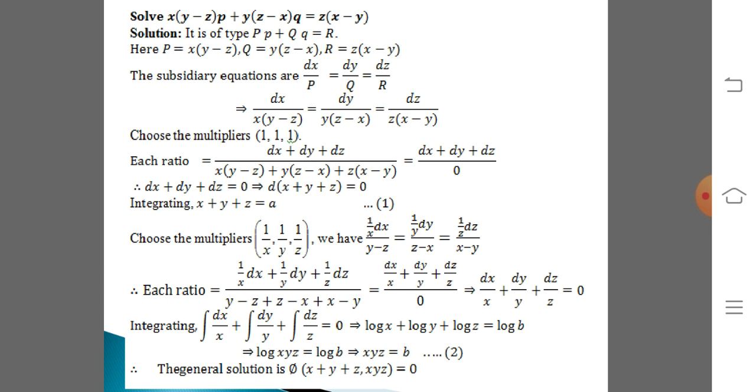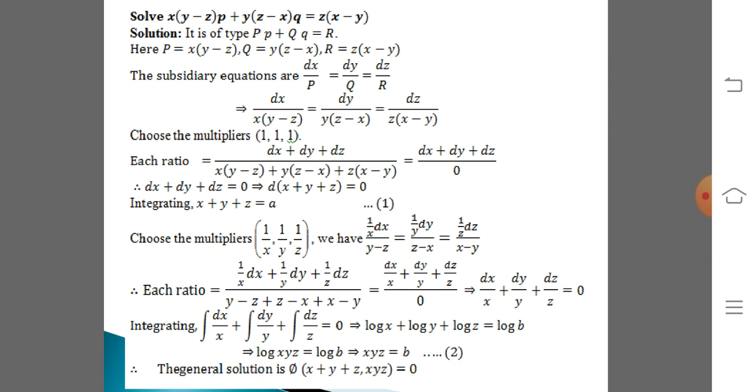Then each ratio in the auxiliary equation is equal to 1 dx plus 1 dy plus 1 dz by 1 into x into y minus z plus 1 into y into z minus x plus 1 into z into x minus y. And if you simplify the denominator, you get 0, that is dx plus dy plus dz by 0. So this implies the numerator dx plus dy plus dz is also equal to 0.